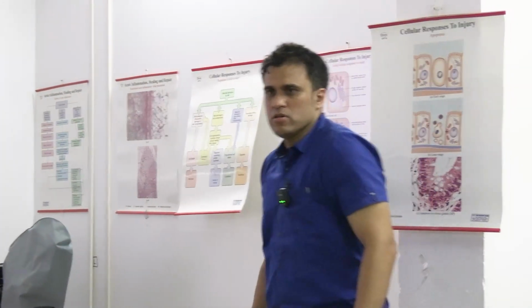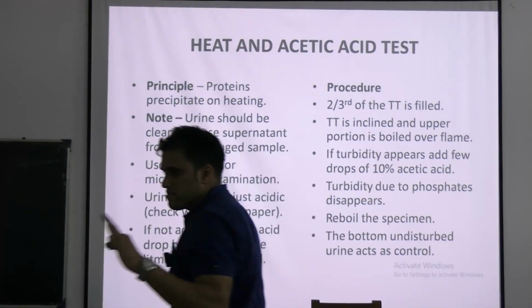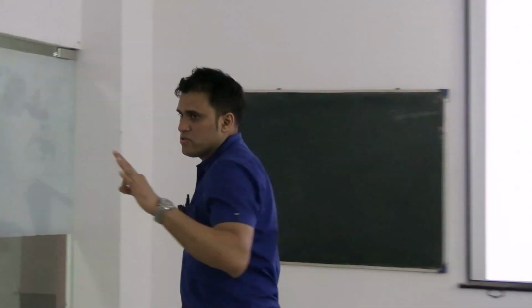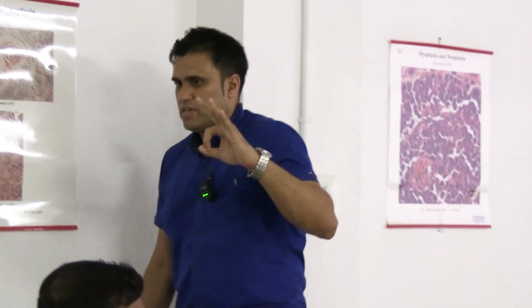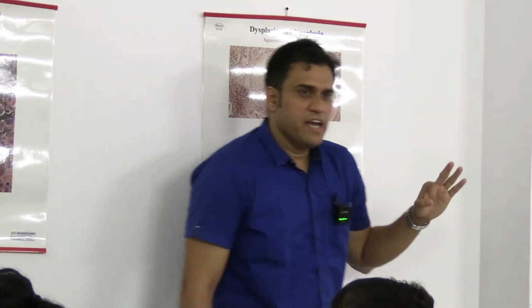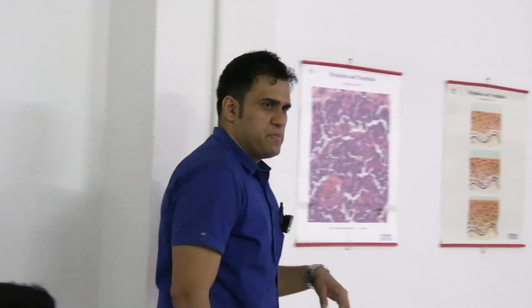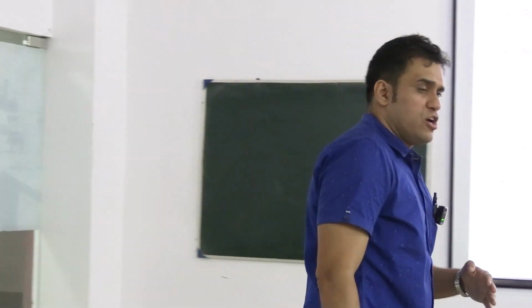So what is the procedure? You have to take 2/3 or 3/4 of the test tube with urine. Then you have to heat the upper part. If turbidity appears, it may be either because of protein or because of phosphate.